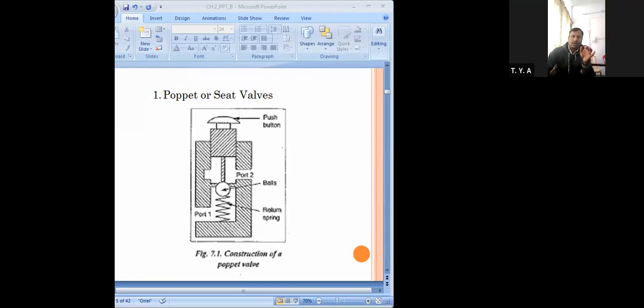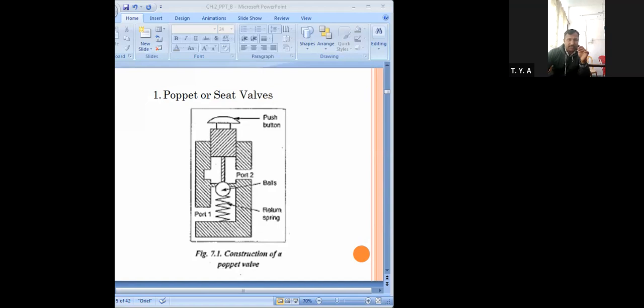So what is the operation, that also we will do. When you press this push button, this ball is going to be pushed against the spring. When the push button is pressed, this ball is pushed out of its seat.